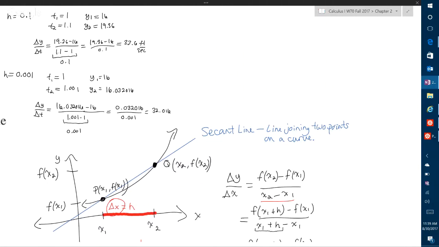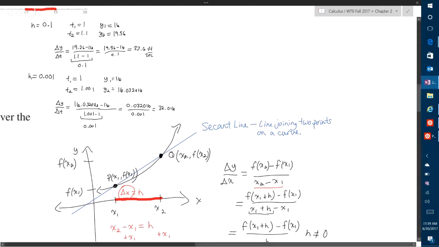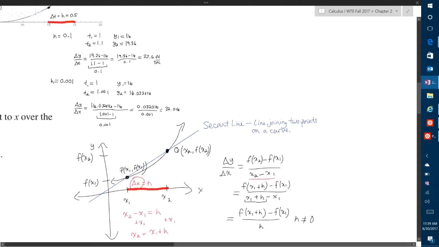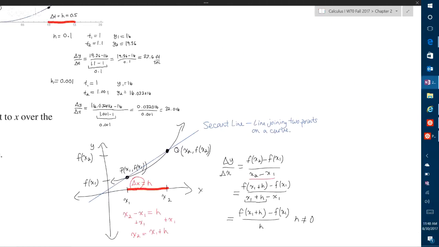So calculating this will give us the slope of the secant line. Okay, so let's look at defining the slope of a curve. Do you guys have any questions over anything that I talked about here? We use that to find the slope of the secant line. Essentially, that's what it is.